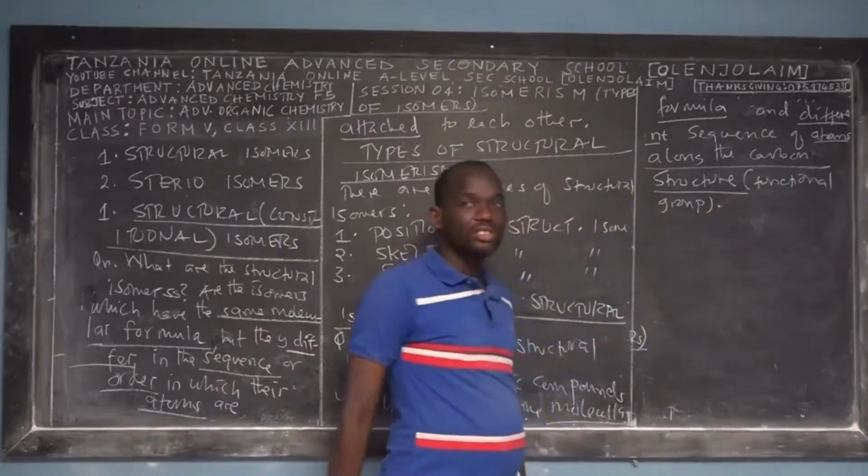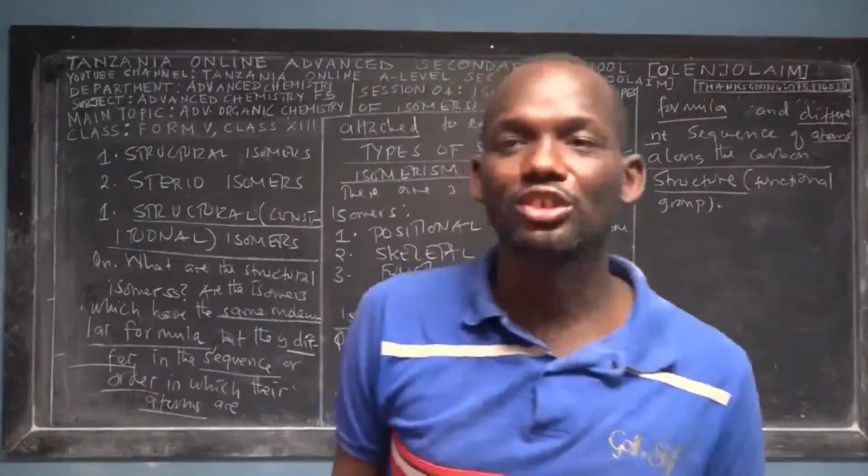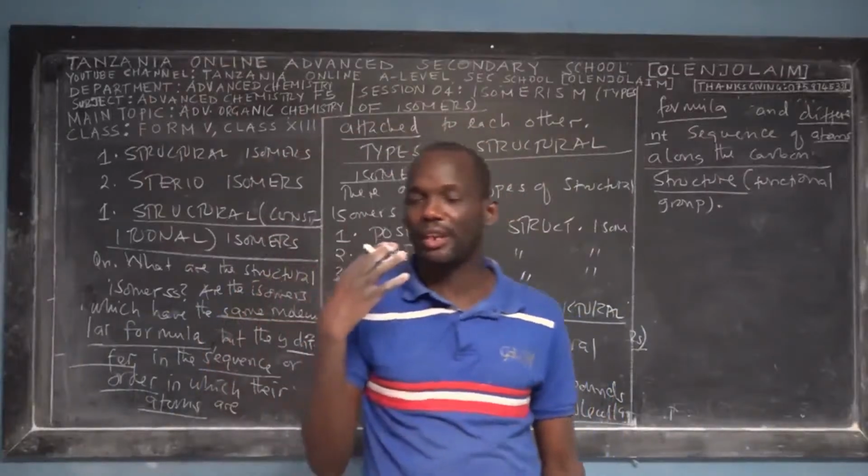So skeletal structural isomers are the organic compounds which have the same molecular formula.